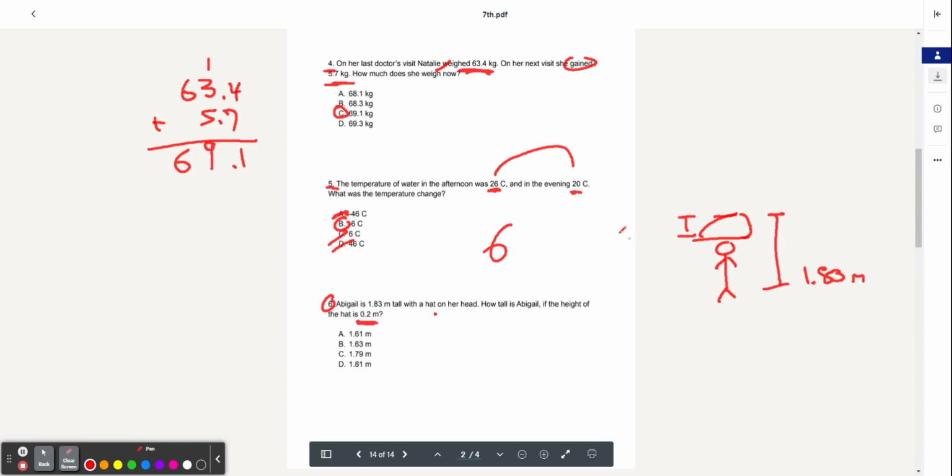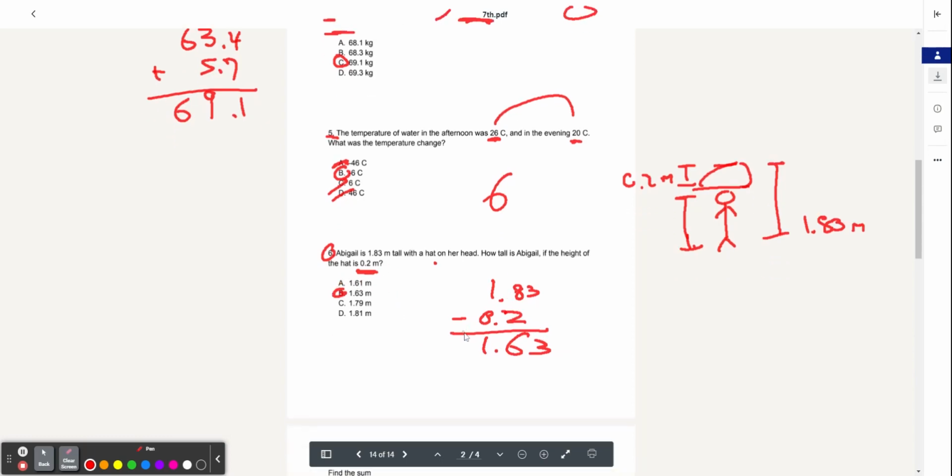And the hat itself is 0.2 meters. And we have to find the height without the hat. And in order to do that, we just subtract 0.2 from 1.83. So 1.83 minus 0.2, that would be 1.63 meters. B.